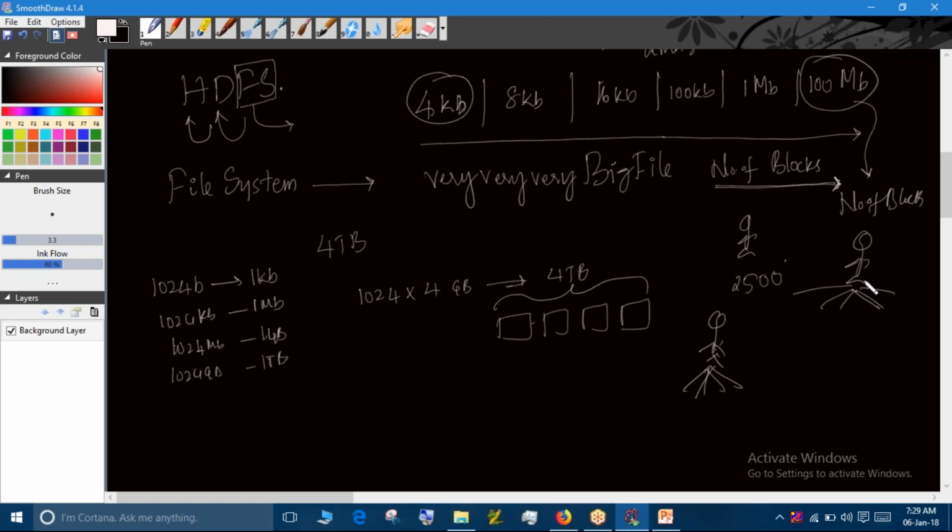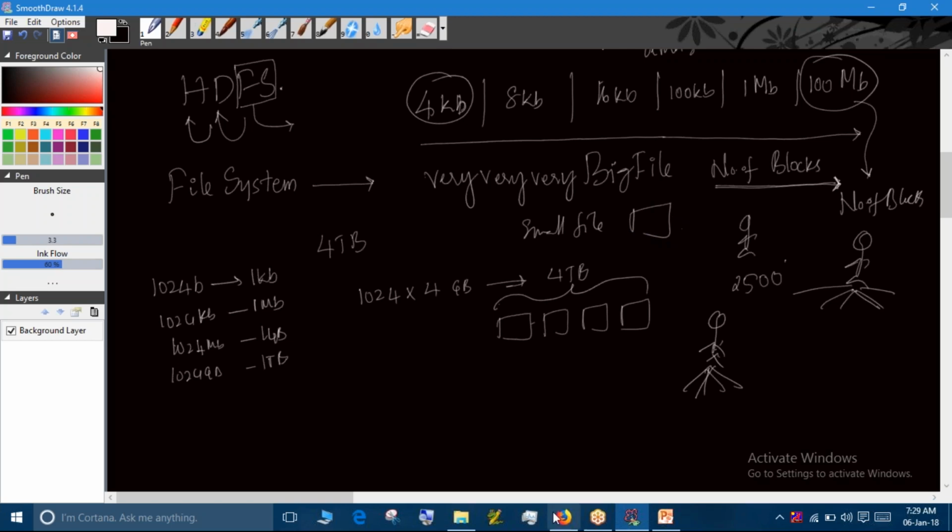Now, if I keep my block size to be 100 MB, then even if I create a small file, I get a minimum block size of 100 MB, where most of my memory is going to be wasted. You know very well, when I create a new Word document, its size will be around 2 KB or 3 KB.